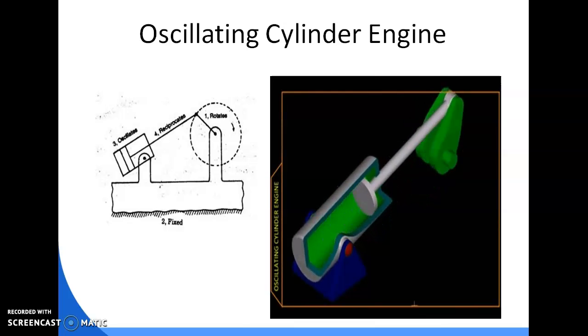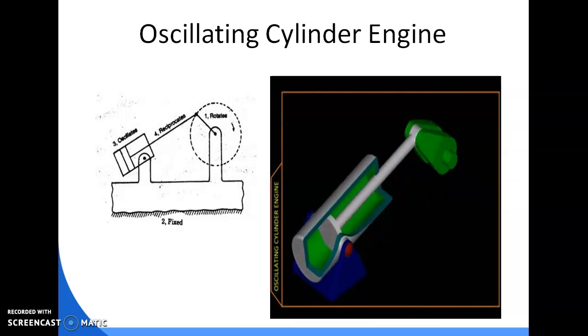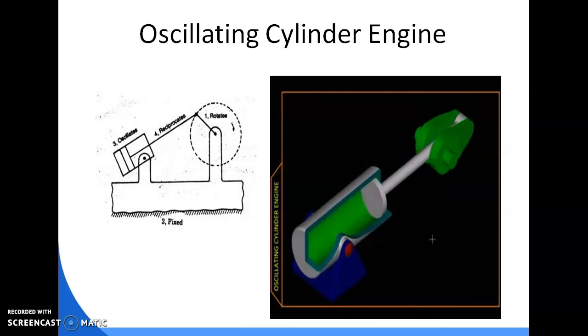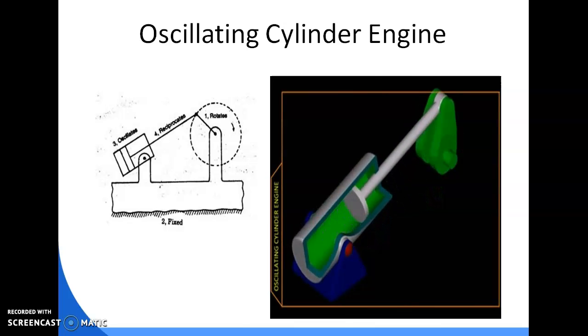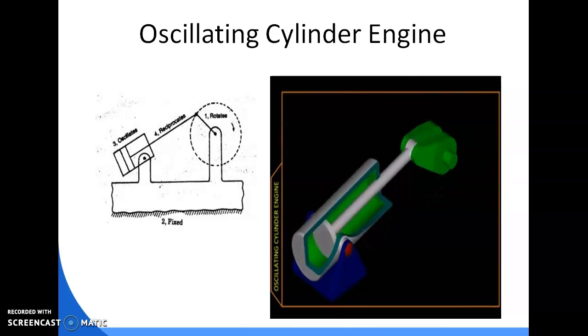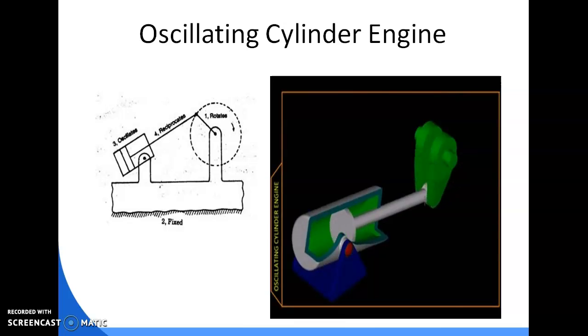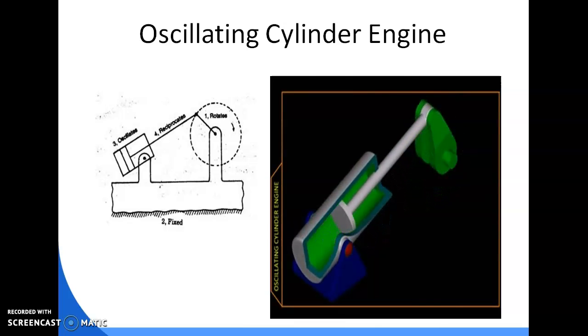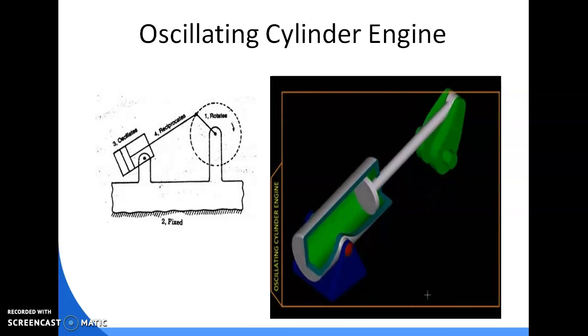Our next inversion is oscillating cylinder engine. Here we can see the four links, that is the crank is link number 2, fixed link is link number 1, then the cylinder is link number 3 and the piston and connecting rod is link number 4.